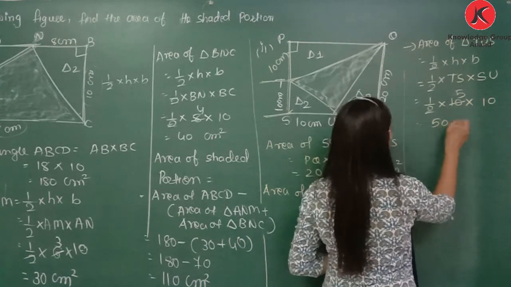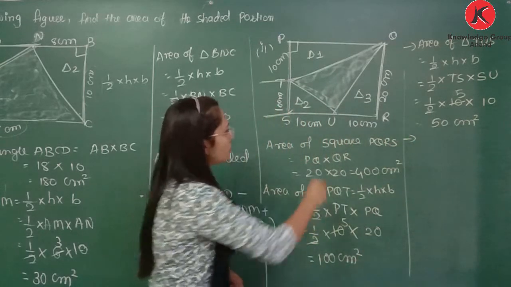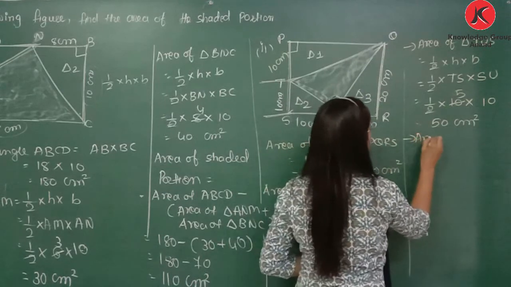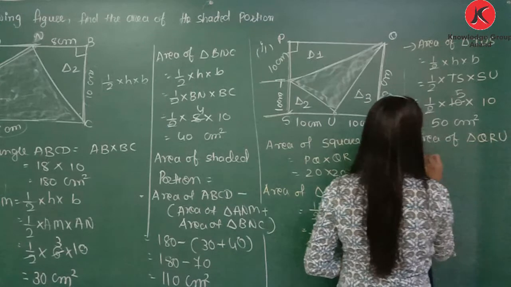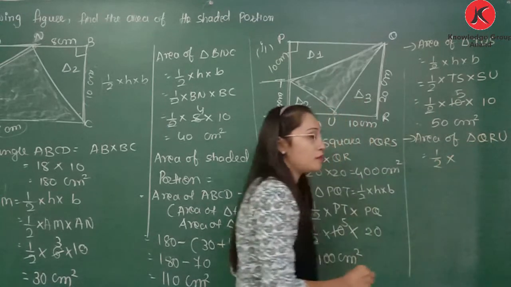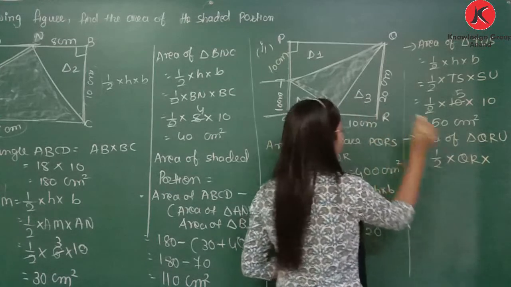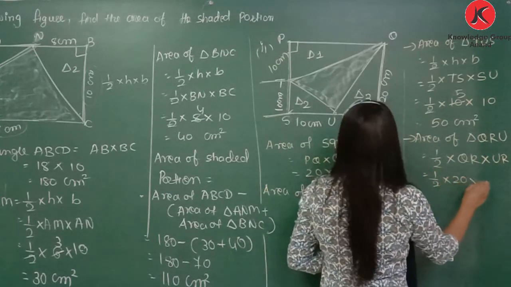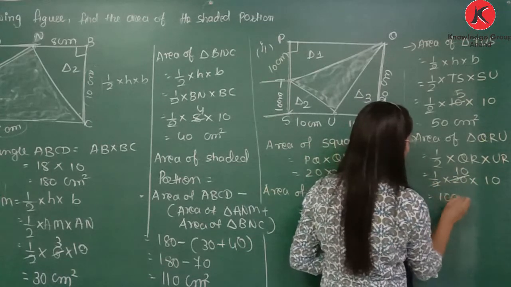So it is 50 centimeter square. Now for the next one, area of QRU. For QR, what will be the height? QR, and base will be UR. So QR is 20 and this one is 10. So it is 100 centimeter square.